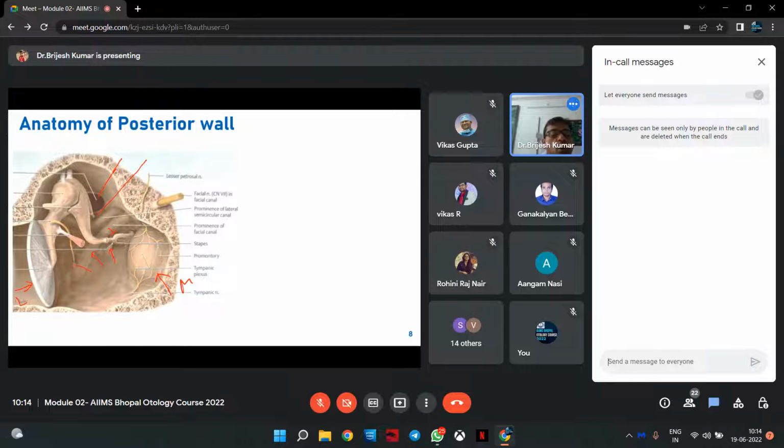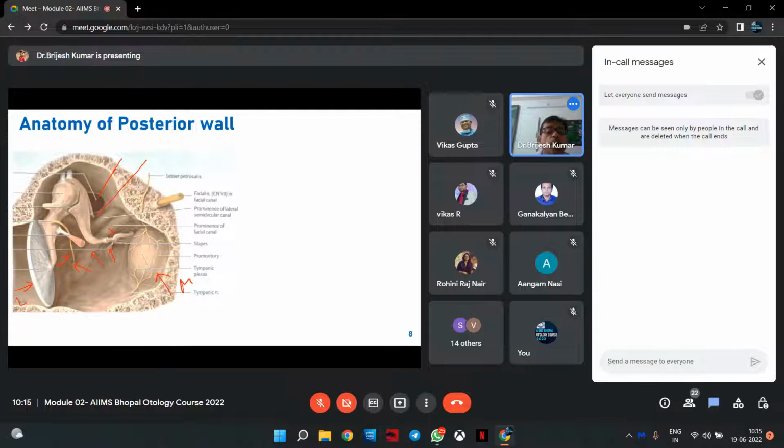Here, this is the chordal eminence, lying lateral to the pyramidal eminence. It has the opening for the posterior canaliculus of the chorda tympani nerve. This elevated part lies at the junction of the posterior wall and the lateral wall.